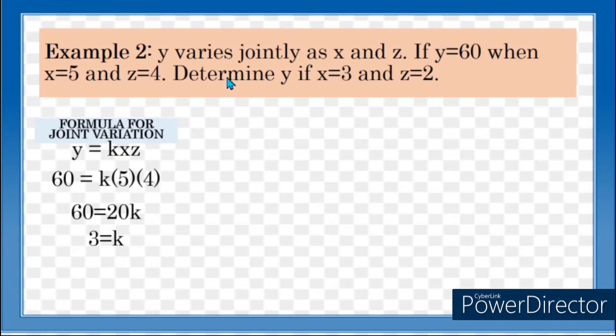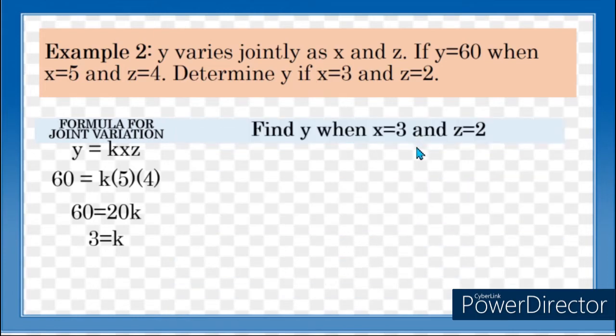Let us determine the value of y if the value of x here is equal to 3 and the value of z is equal to 2 and also the value of k here is equal to 3. So we have here y is equal to k times x times z. Substitute lang po natin, we have y is equal to 3 times 3 times 2. So the value of y here is equal to 18.